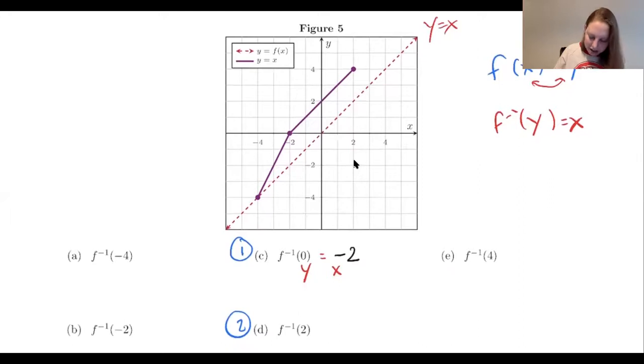Anyone in the chat, doesn't have to be from a specific breakout room, can you tell me what is f inverse of 2? Or when 2 is my y value, what's my x value? Got someone giving me an answer. Can we get a confirm or deny from anyone else?